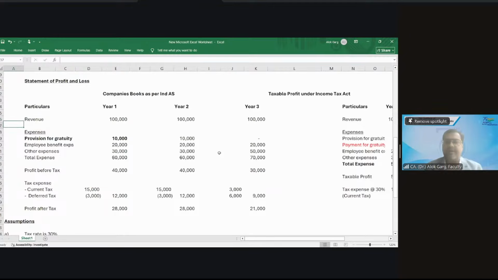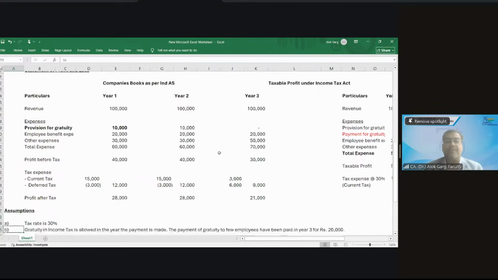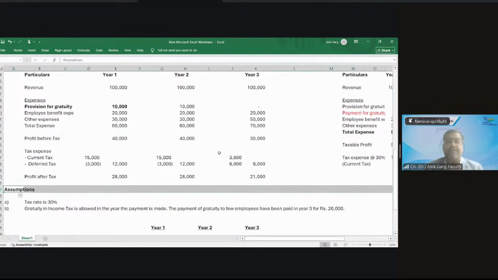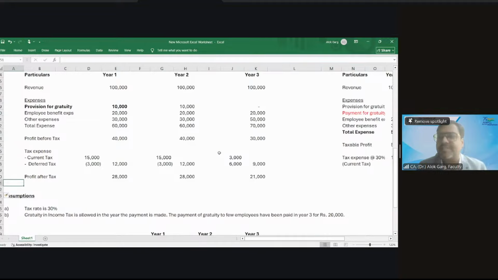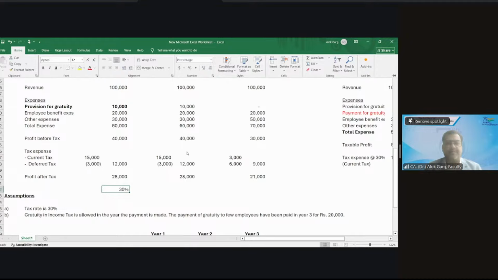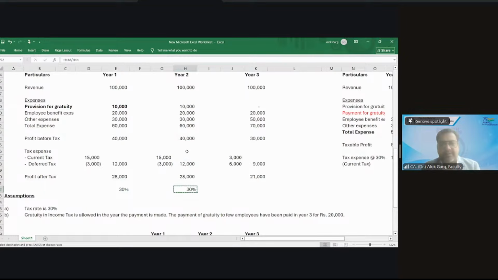But friends, what are the checks and balances to ensure that your computation, your calculation in books of accounts are right? So you can see the ETR, effective tax rate. ETR: 12,000 divided by 40,000, 30%. In the second year, 12,000 divided by 40,000, 30%. In the third year, 30%.